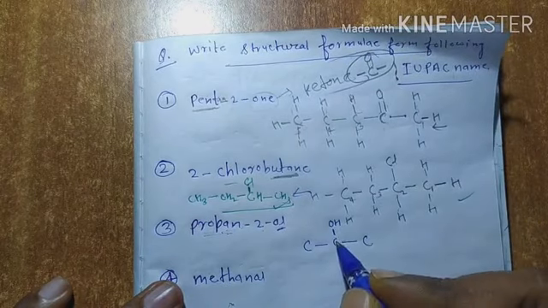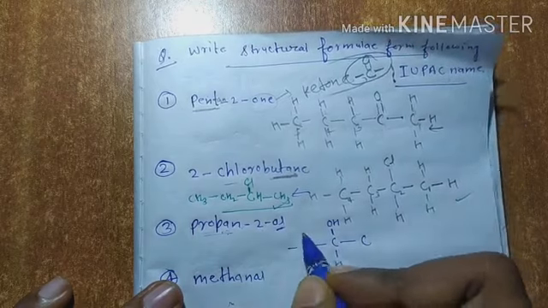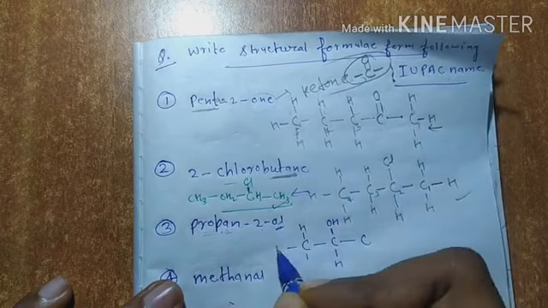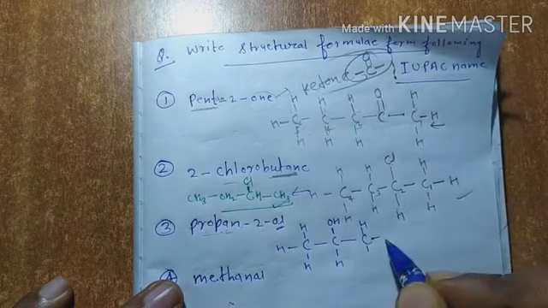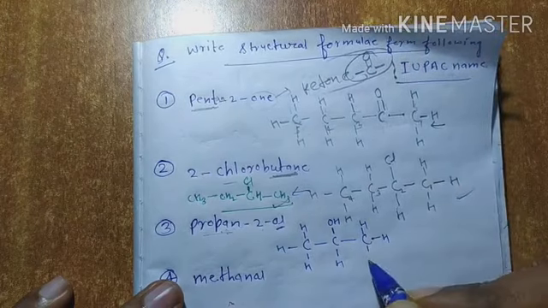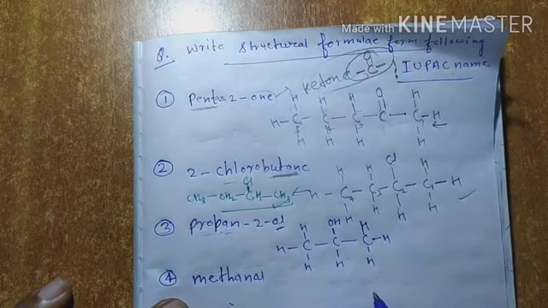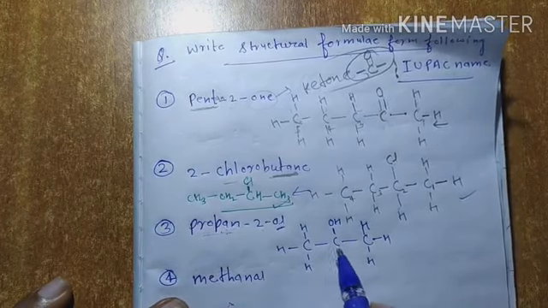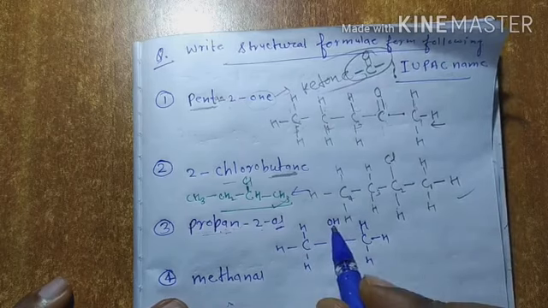There are 3 bonds around this carbon atom, so 1 hydrogen atom will come. Hydrogen. Now I will speed up because it is taking so much time. I hope you have understood the concept. This is propan-2-ol, because on the second carbon atom there is the functional group.